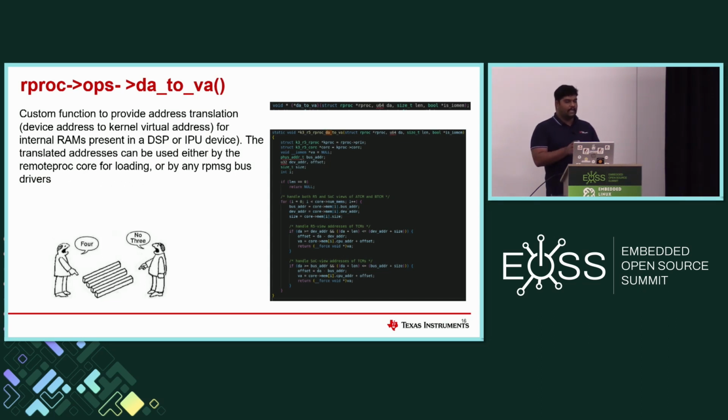So the DA to VA is the mapping that you provide to map from the host's view to the device view, because the ELF sections will have the device view in there. And then there will also be DDR sections. You might need to load it in the DDR section, so you just map and return the address.